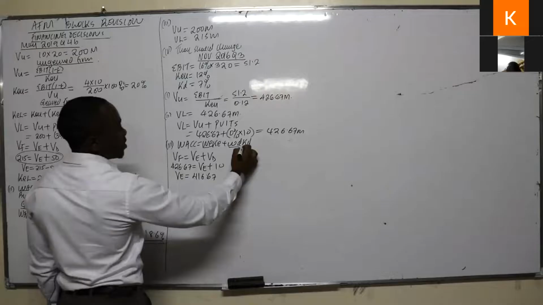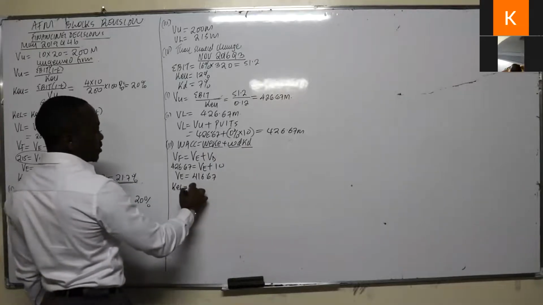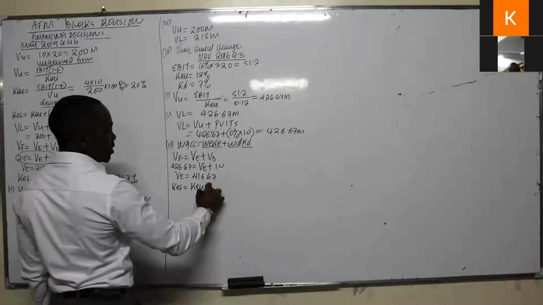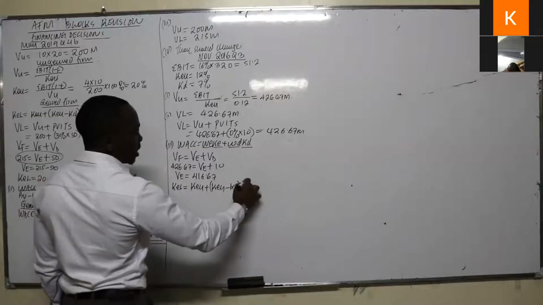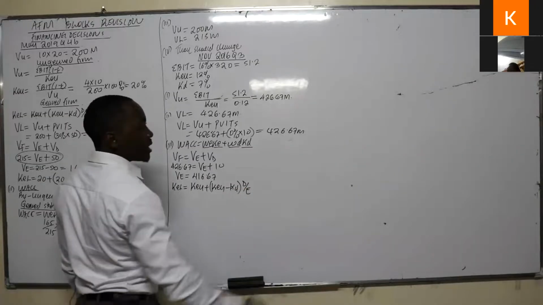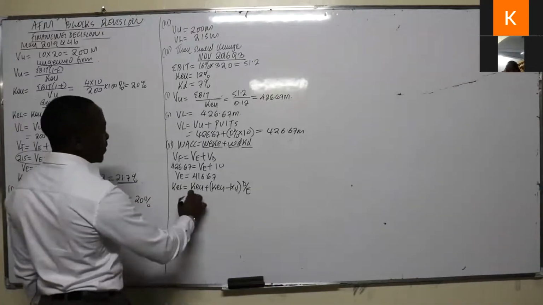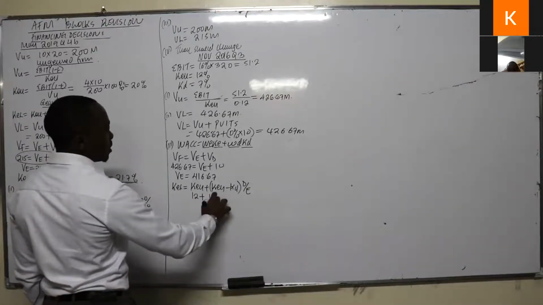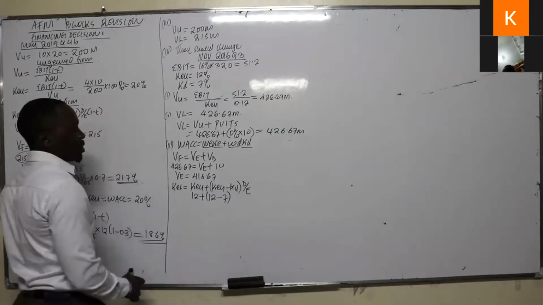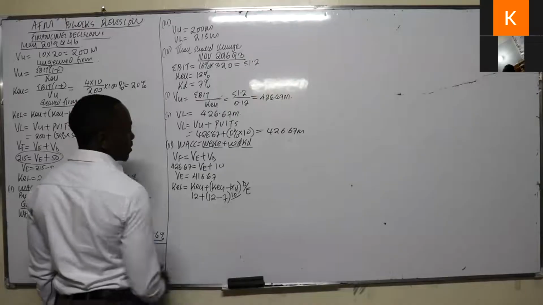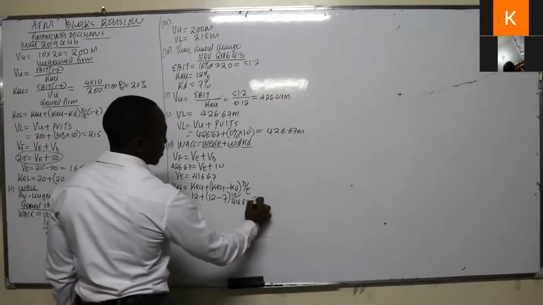Now with that, we have the weights. We have the cost of the debt. We don't have the cost of equity. The cost of equity of the geared firm is the cost of equity of the ungeared firm plus the cost of equity of the ungeared firm minus the cost of the debt, times the debt to equity ratio times (1 minus T), but there is no tax. The cost of equity of the ungeared firm is 12, minus the cost of the debt, which is 7, times the debt to equity ratio. Debt is 10, equity is 416.67.